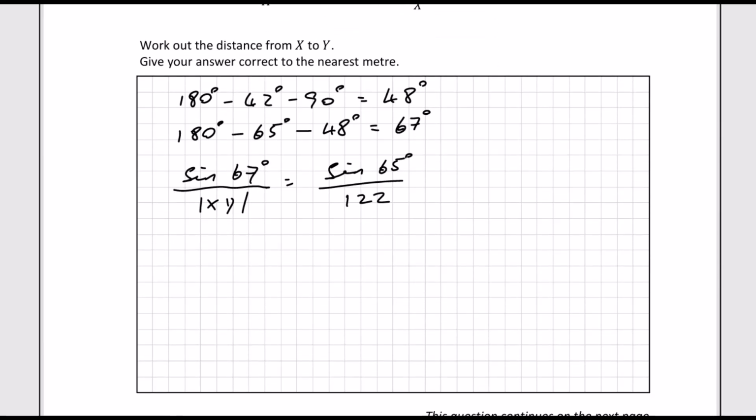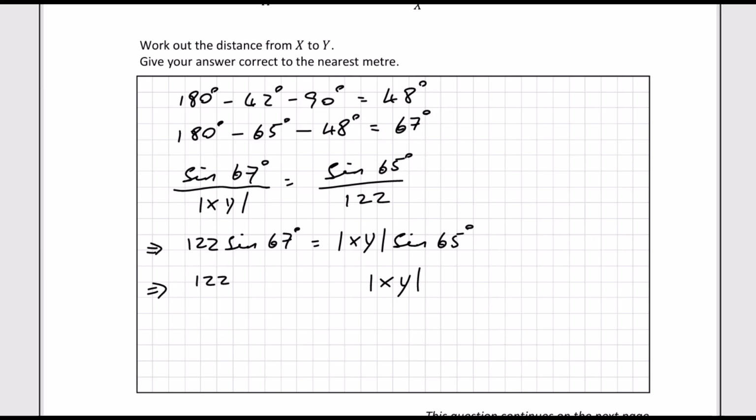So now we have a fraction equal to a fraction. We can cross multiply. So we have 122 times the sine of 67 degrees is equal to the length XY multiplied by sine 65 degrees. So now I need the length XY on its own. It's multiplied by sine 65, so I'm going to divide the left hand side by sine 65.